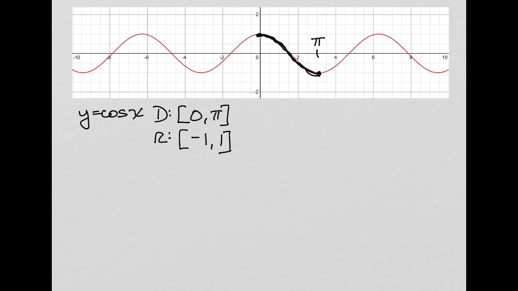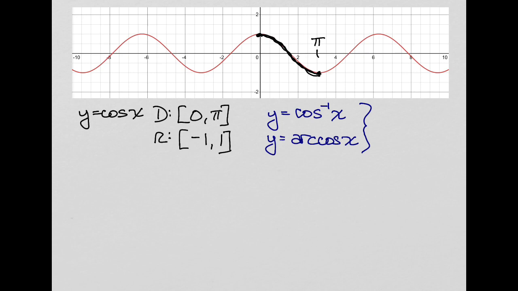Then what does the inverse cosine look like? I'm going to write y equals, I'm going to read that, inverse cosine x, or we could say arc cosine x. Those are completely interchangeable. They mean exactly the same thing. And you can pick your favorite, use either one.